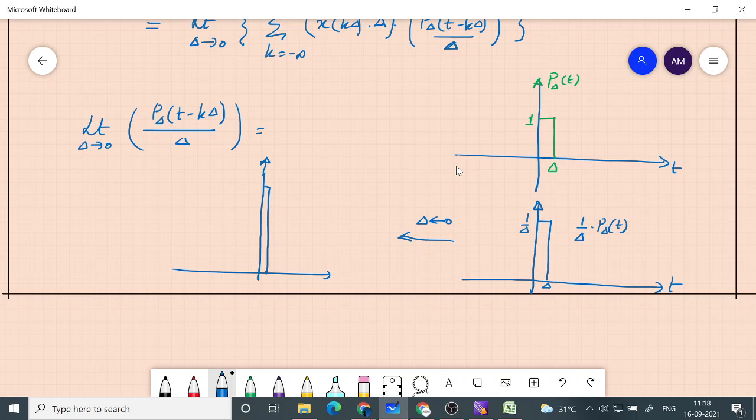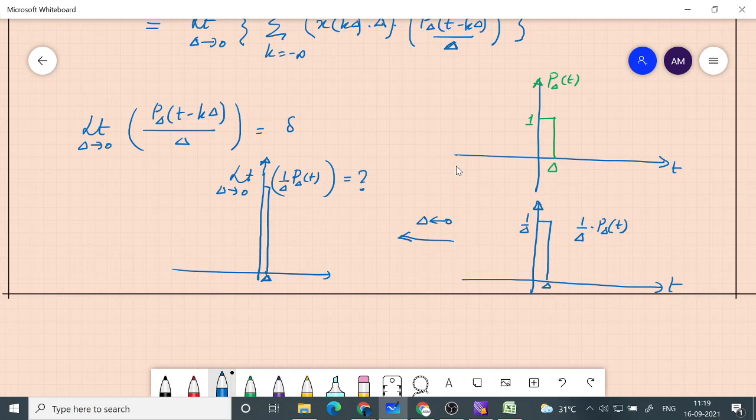So as I reduce this delta value, in the limit delta tends to 0, 1 by delta times p delta of t is going to be what? If I reduce this, yes, unit impulse, very good, right?